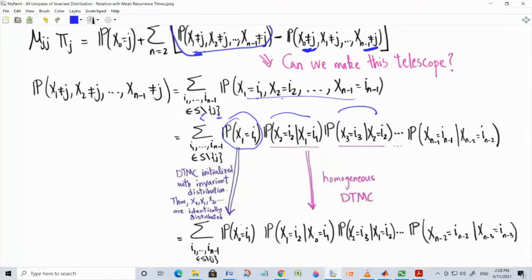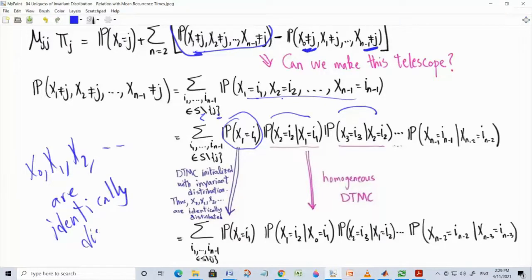So x of 0, x of 1, x of 2 are identically distributed because of how we initialize the chain. Okay, so this is nice because it will make this one equal to 0.